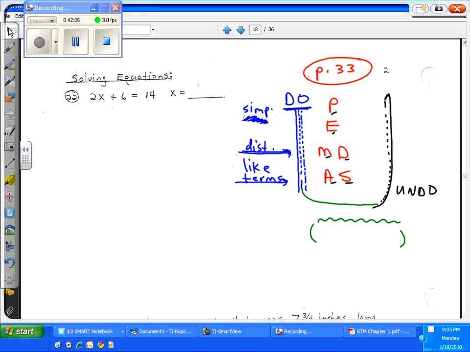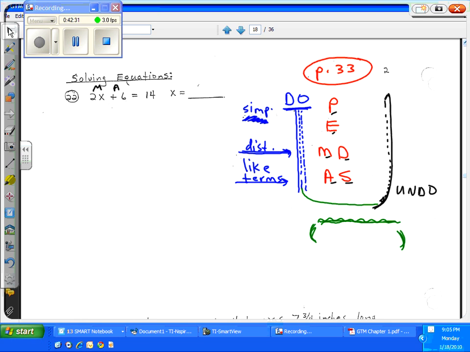So we go to the bottom of the horseshoe, which says get the variable you're isolating on one side of the equal sign, remember to change the sign when you cross over. Is the variable x on both sides? The answer is no. So we go to the last part of the horseshoe, which is to undo. The operations again are multiplication and addition.